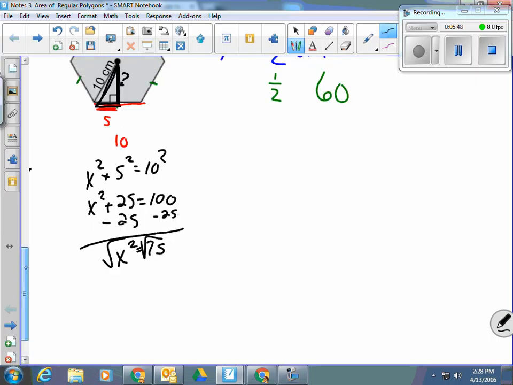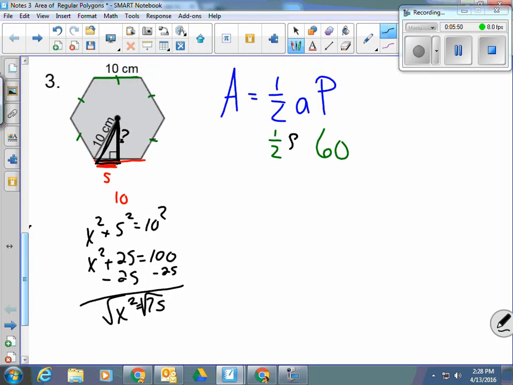The square root of 75 is 8.66. So what's half of 8.66 times 60? 259.8 what? Centimeters.